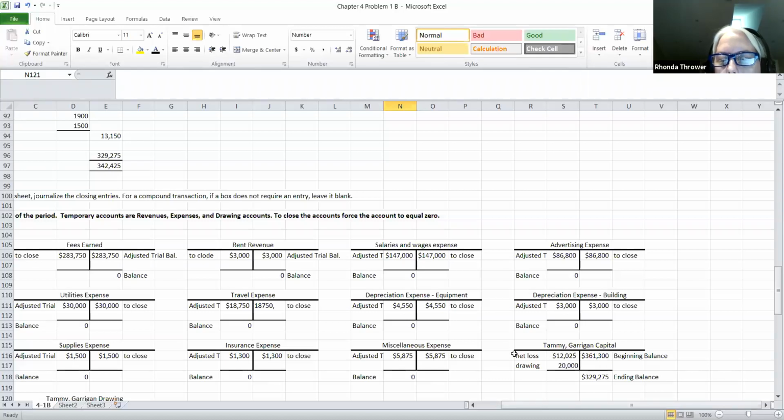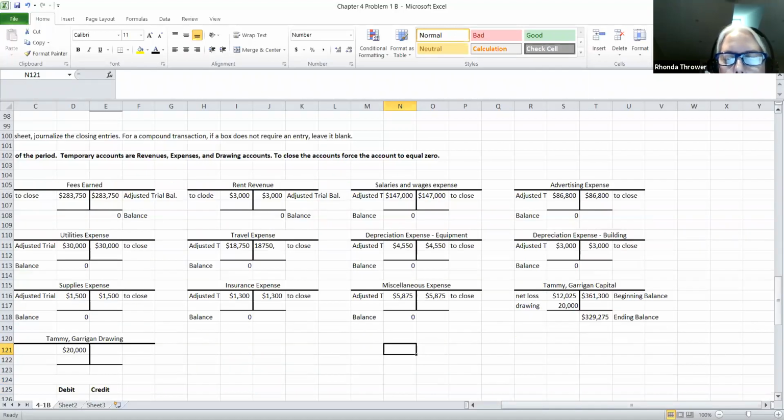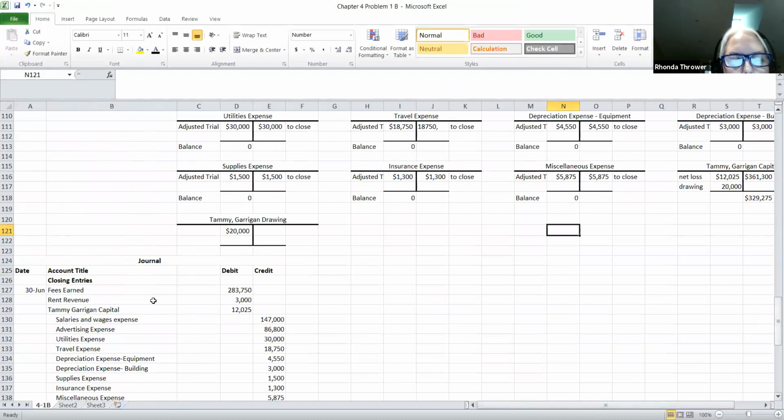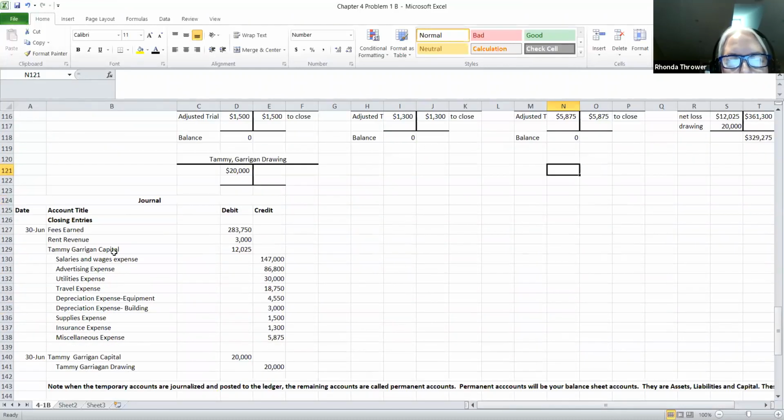And then we're going to record a decrease because we had a net loss to our capital account. So in our closing entries, to balance the first closing entry out, we would have to debit Tammy Garrigan Capital for the amount of the net loss. And when you do that, if you combine all your debits and all your credits together, this journal entry should be in balance now.